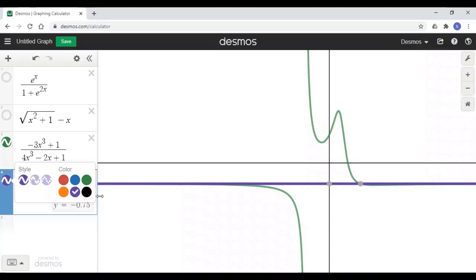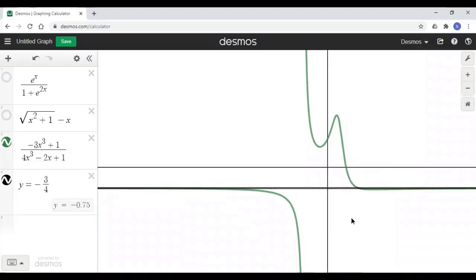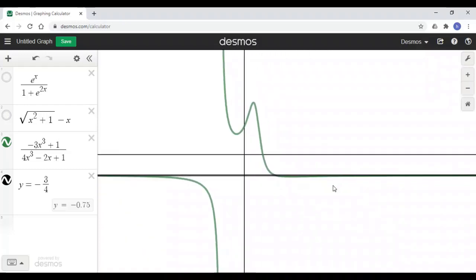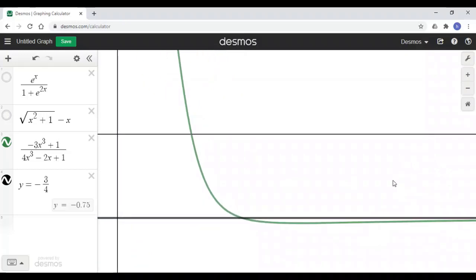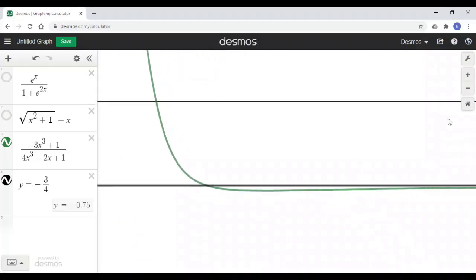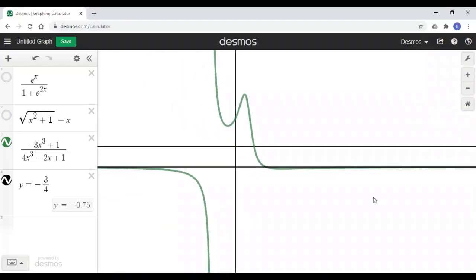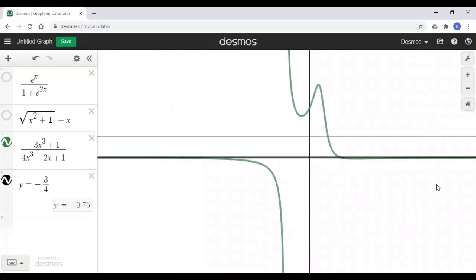Negative 3/4 is the horizontal asymptote, because you see the graph did cross that, but after a little while, it only becomes asymptotic. Let me bring it in even closer zoom. So a horizontal asymptote is a little loose in the sense that it can still cross, but eventually, at an x value far enough out, it only gets closer and closer.